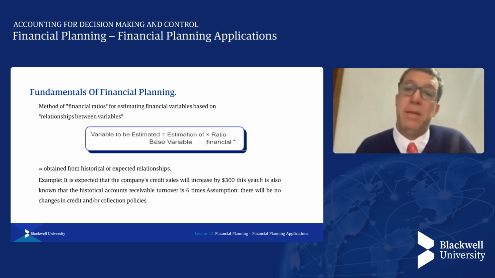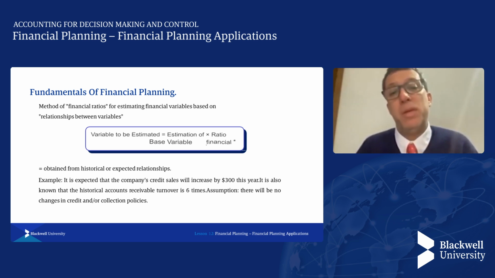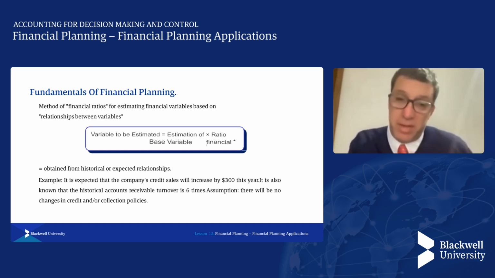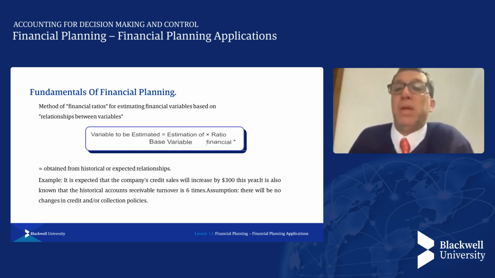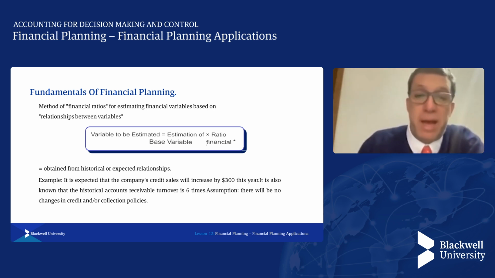So it is very typical for us to have a variable to estimate, and for that variable, we will use a base variable that affects it, for example sales in the case of accounts receivable, based on a certain financial relationship derived from history or the past.